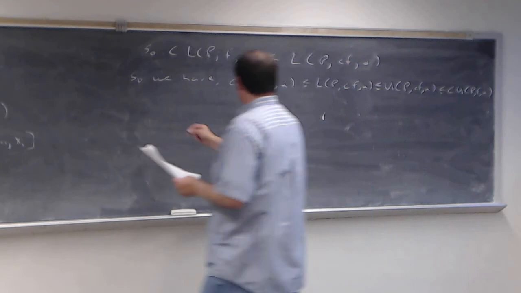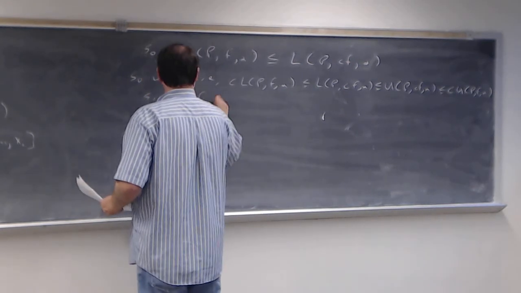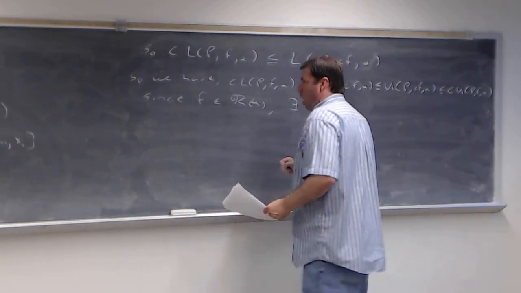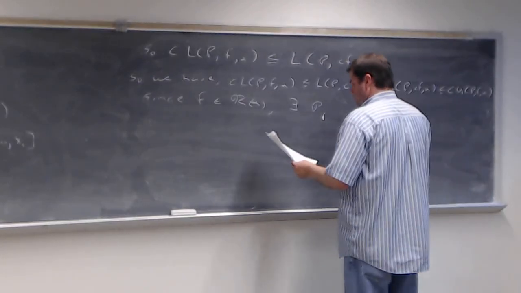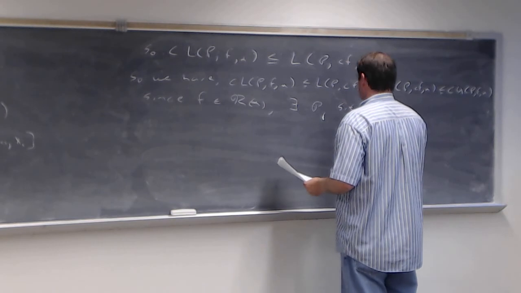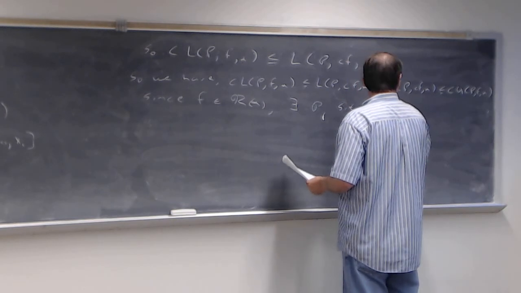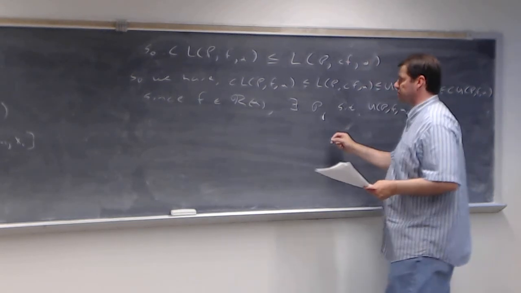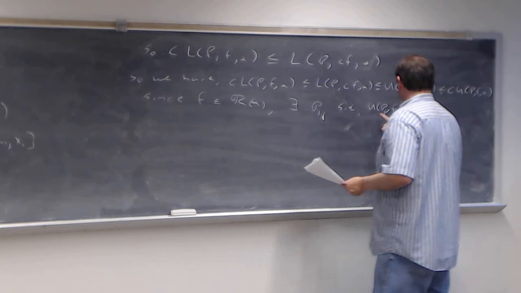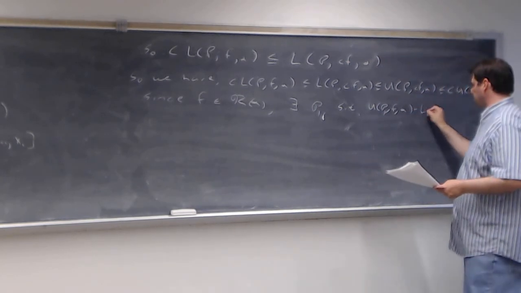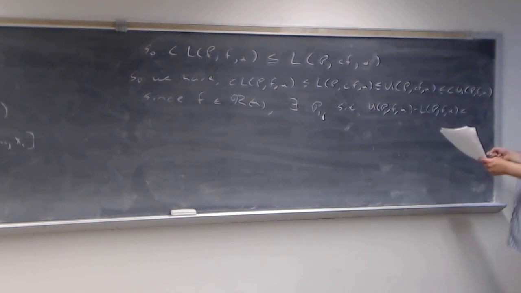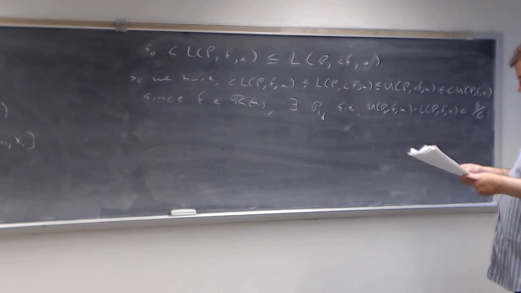Okay. So since f is Riemann-Stieltjes integrable, we know there exists a partition, we'll call that partition P sub 1, such that the upper sum of P sub 1 with f minus the lower sum of P sub 1 with f will be less than any positive number that we give. And the positive number I'm going to give is epsilon over C. Okay?